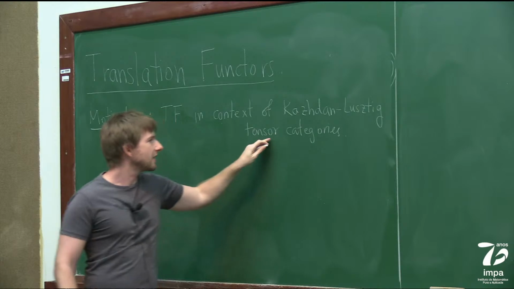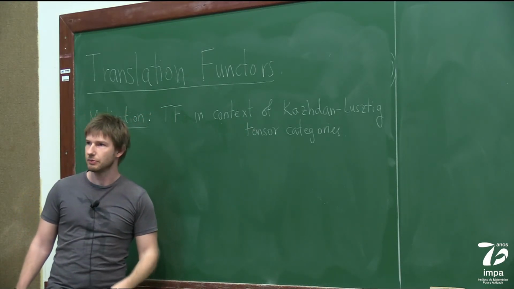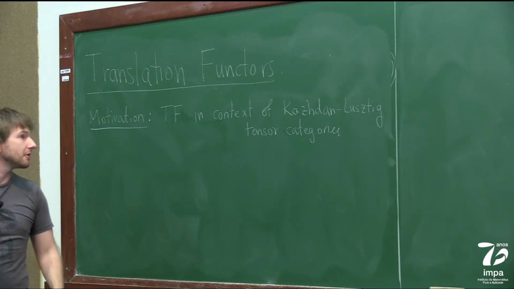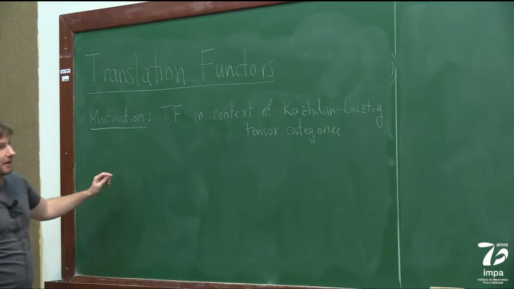of certain tensor categories called Kasdan-Lustig tensor categories, or certain categories equipped with a tensor product defined by Kasdan-Lustig. Now, I'm not going to talk about that today.